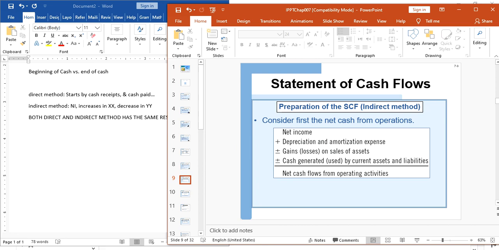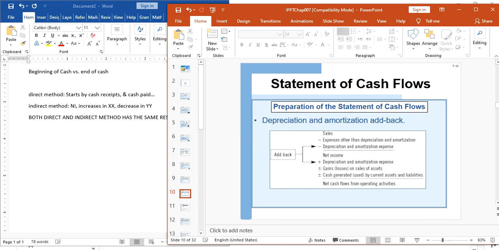We add this. Then we have gains and losses, and then cash generated by current assets and liabilities, giving the net cash flows from operating activities.